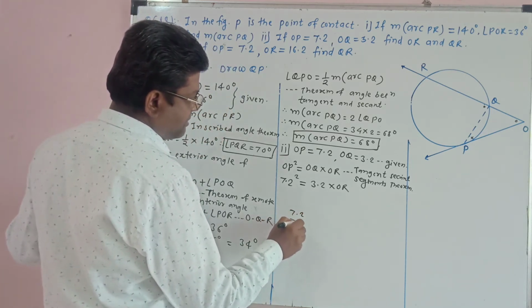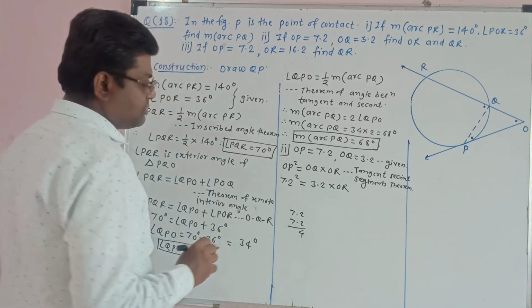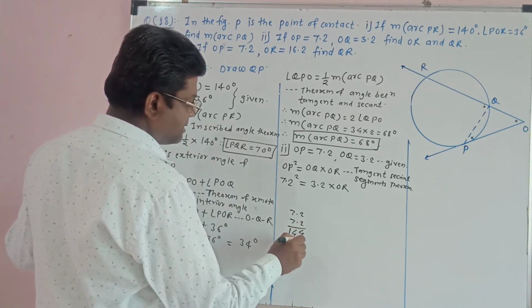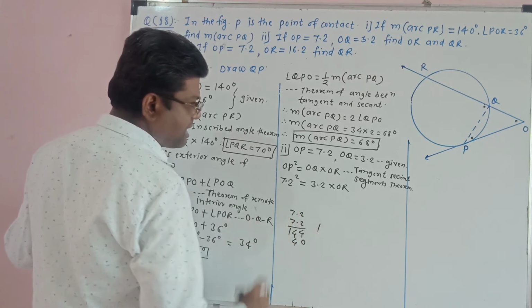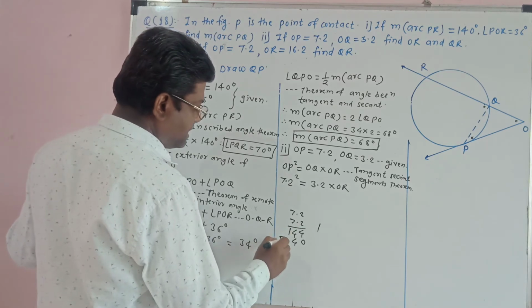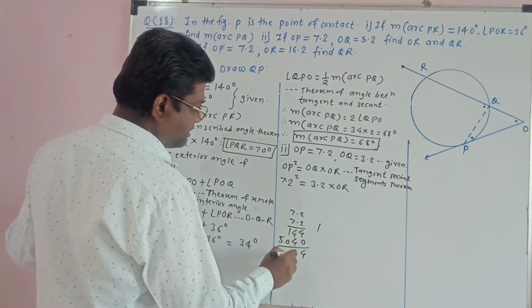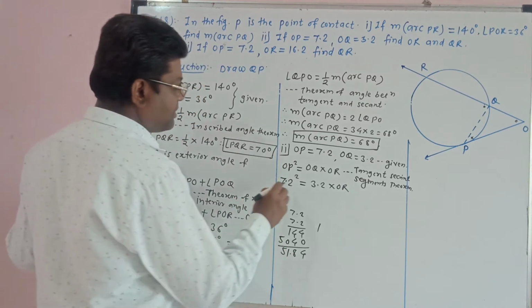Now 7.2 square is 7.2 into 7.2. 2 into 2 is 4, 7 into 2 is 14, 7 into 2 is 14, 7 7s are 49 plus 1 is 50. So what will become here? 51.84.